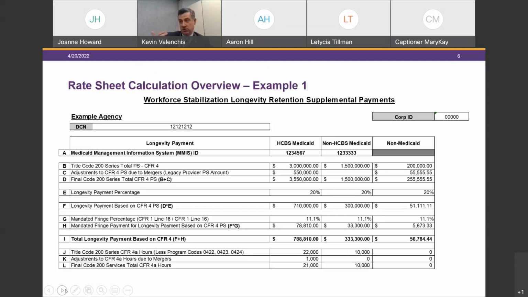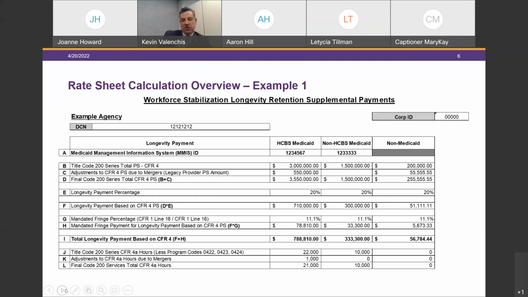We gave other than 0, we gave the lowest mandated fringe benefit rate, so it was 2.07 roughly % that was used for those that may not have had a CFR in the period. Or if you only had CFR 4A related expenses, because clearly there would be no mandated fringe associated with their contract payments for direct care staff.